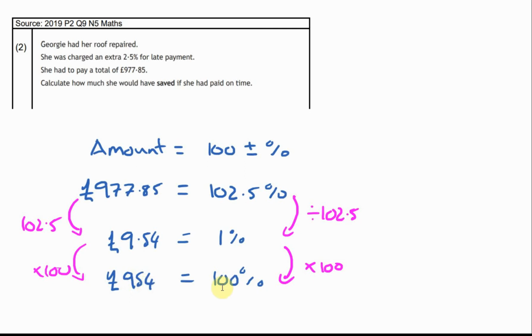So I could take my 954 and work out 2.5% of that. Divide by 100 to work out 1%, take this number here, times that by 2.5, and add it onto this number, and that'll give me 102.5% if you wanted to check it.